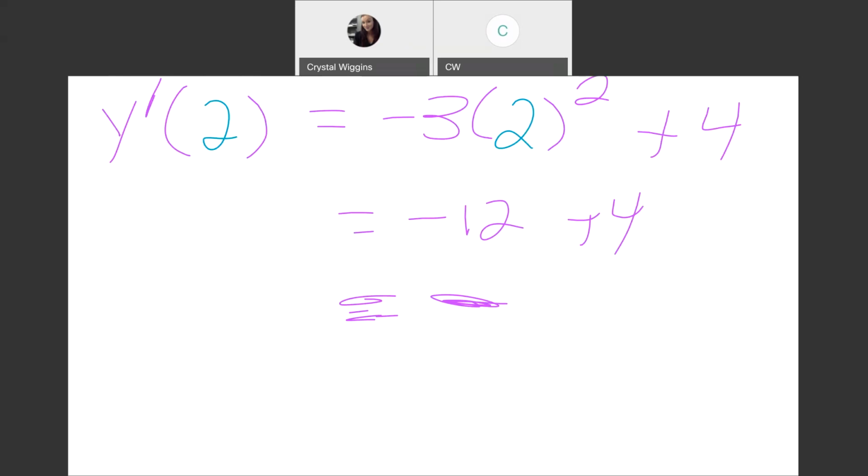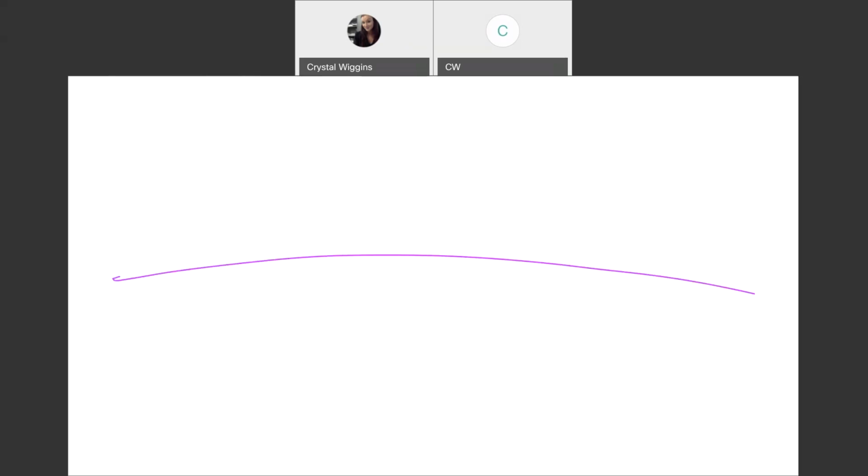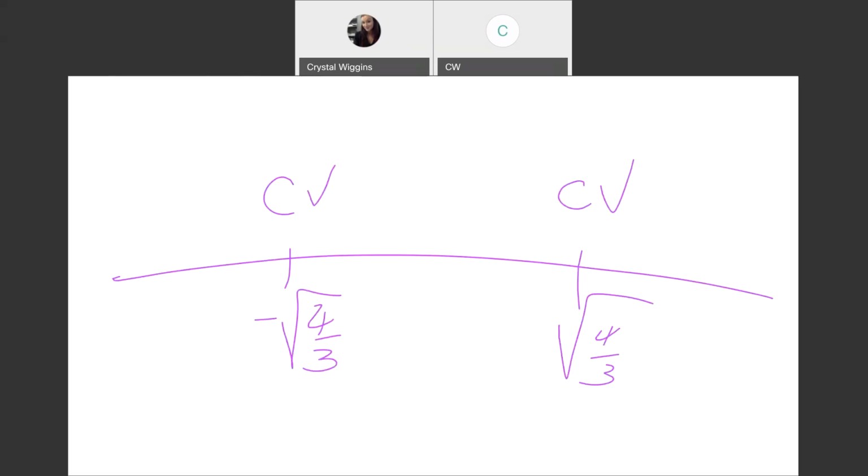Let's draw this out on our number line so we can really visualize what we've found. We have a critical value at negative square root of 4/3 and a critical value at positive square root of 4/3. We chose test points -2, 0, and 2.